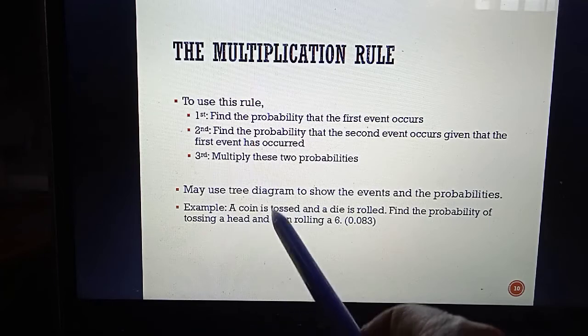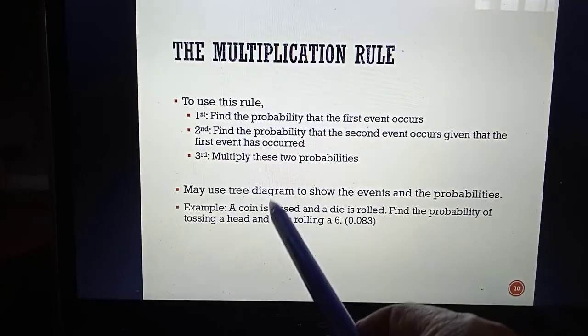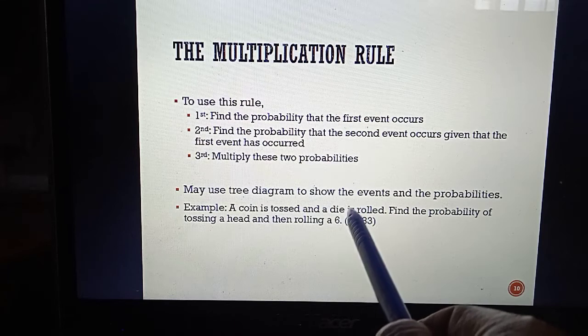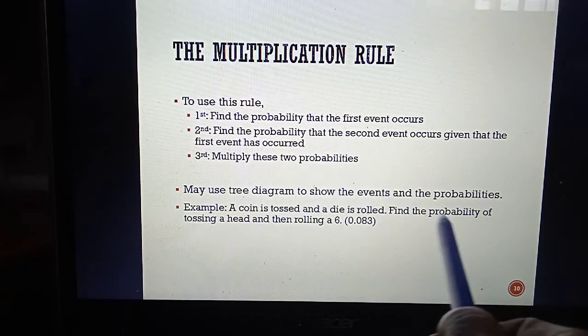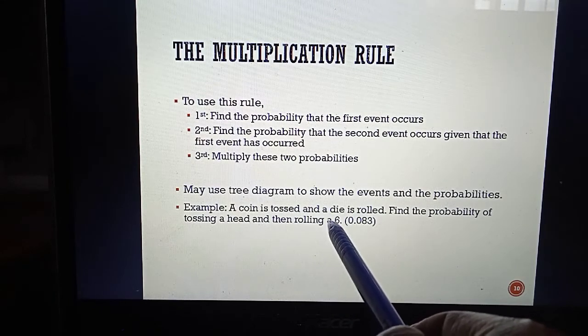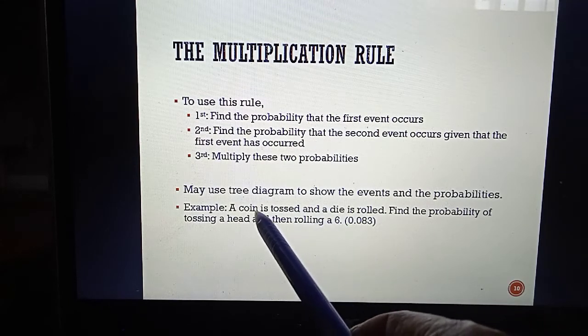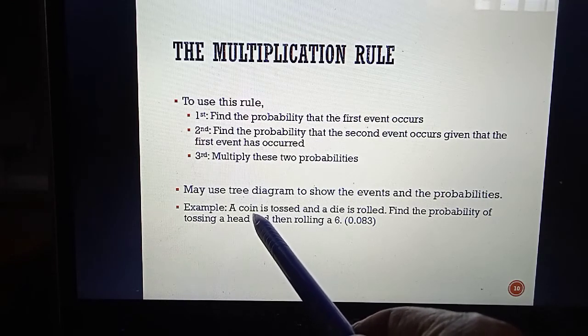Okay, example: a coin is tossed and a die is rolled. Yang ni adalah independent. Tossing a coin and rolling a die are independent events. Find the probability of tossing a head and then rolling a number 6. Tossing a head, probability dia adalah 1/2 sebab kita ada dua saja event, which is head and tail.